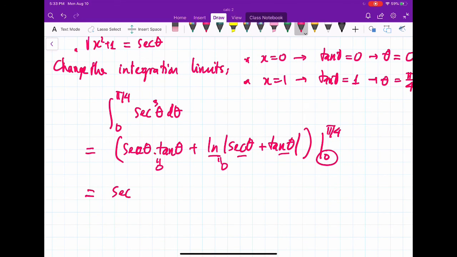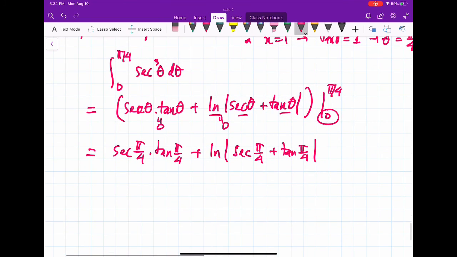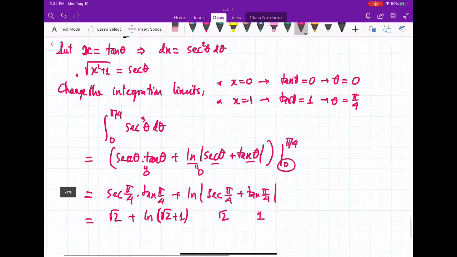So we have secant of pi over 4 times tangent of pi over 4, plus ln of secant of pi over 4 plus tangent of pi over 4. Tangent of pi over 4 is 1, right? Secant of pi over 4 is square root of 2. So I have square root of 2 plus ln of square root of 2 plus 1. That's what we have.